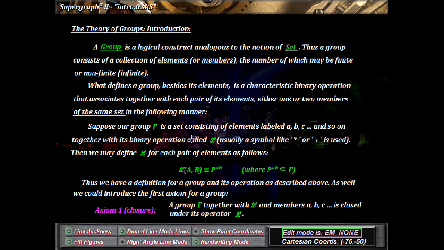Together with its binary operation, which I've given that fancy capital L character, usually these are the symbols that are used, or something similar to this, we may define this operation for a pair of elements a and b. Even that should probably be small letters.